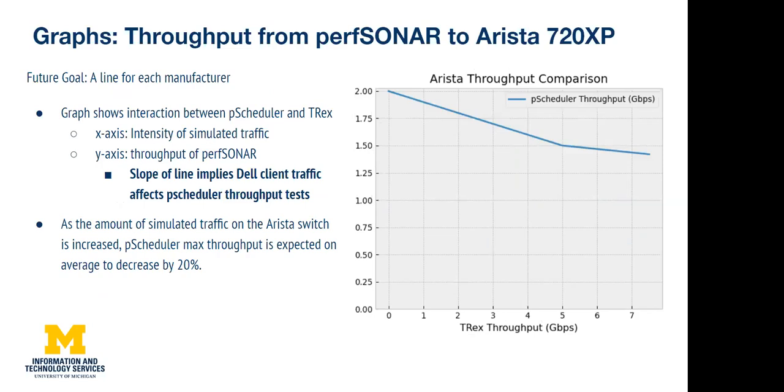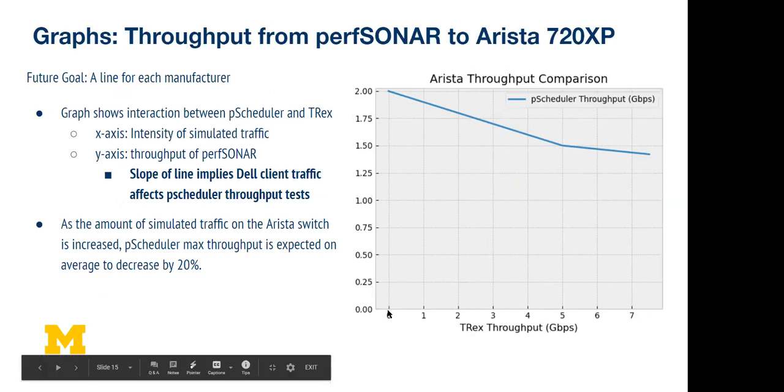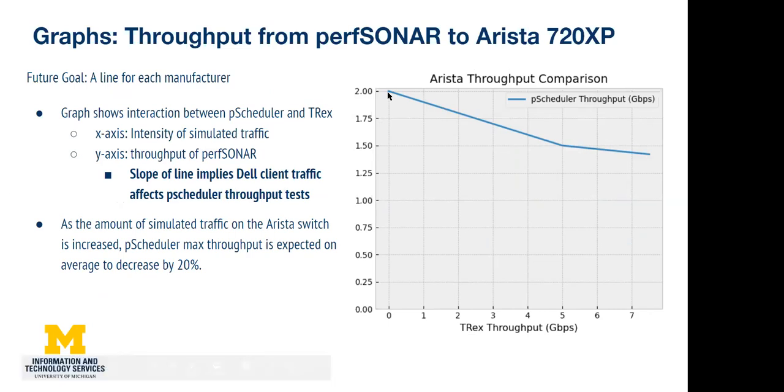Here's another graph to show an extension of the previous slide, where the previous slide would be just the x-axis being at 0. And you could see that there was some variation, but we would just put the maximum throughput for the entire duration of this test, which was scaling up clients, having traffic routed through the Arista router while the router is doing pScheduler traffic testing using throughput.